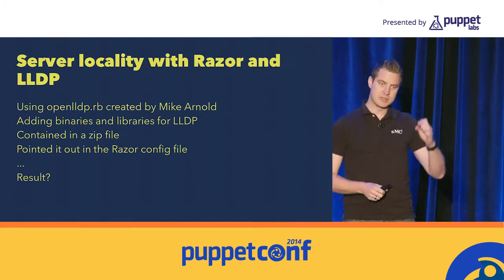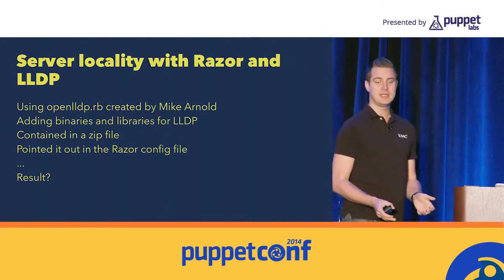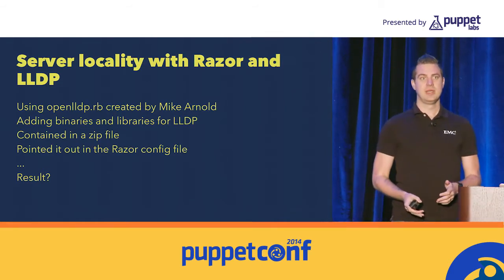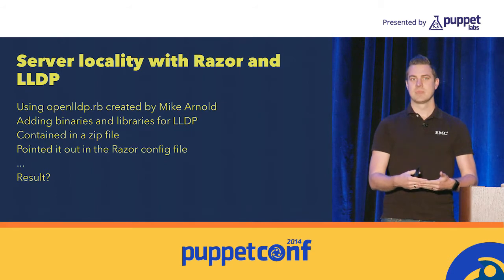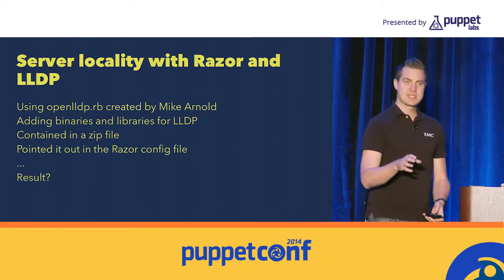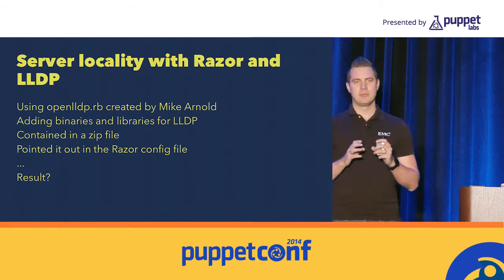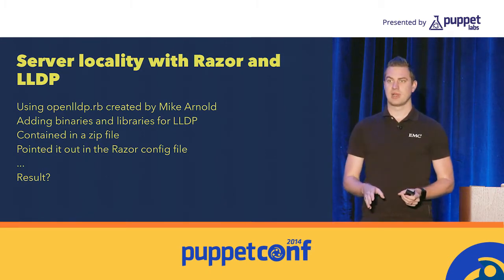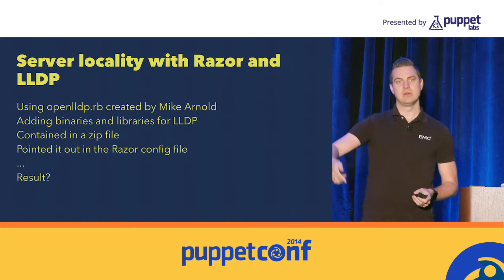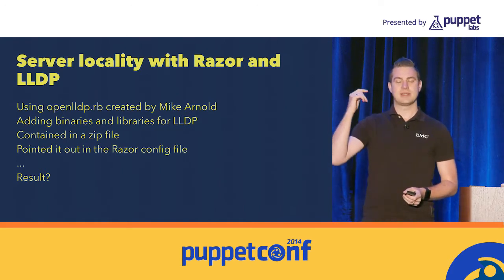I added some binaries and libraries for Fedora 19 for LLDP, so I could actually run the LLDP service and query it. What happens then is that all my nodes, all my physical nodes out there that have this microkernel extension will actually query the switches that they are connected to.